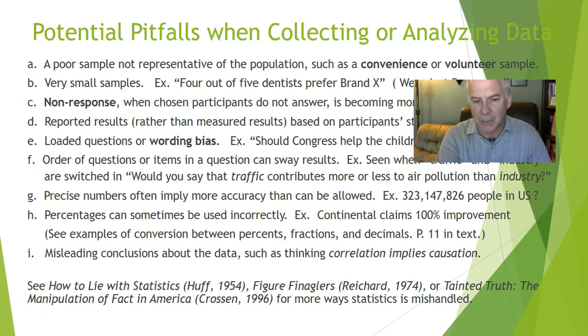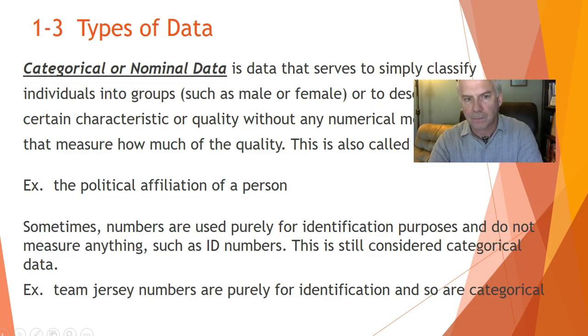Now, there's some textbooks mentioned at the bottom of the page that talk about various pitfalls or misconceptions or confusing things about statistics, ways people deceive other people using statistics, and you can look at those three books to study more about that.